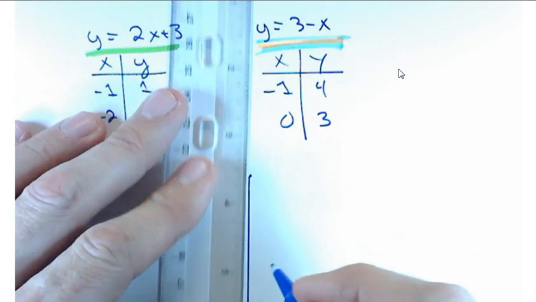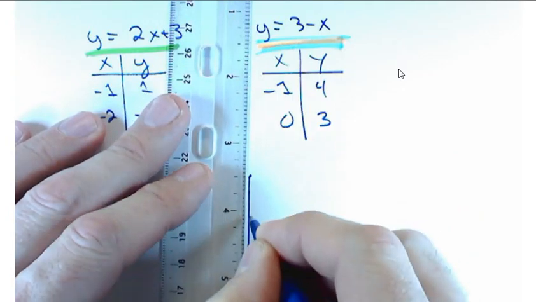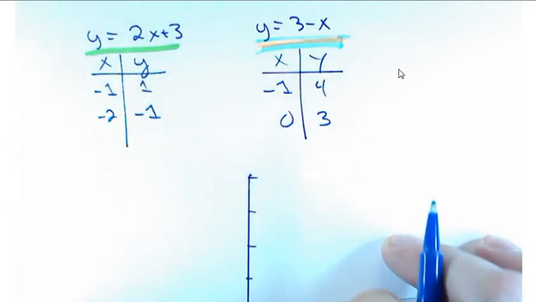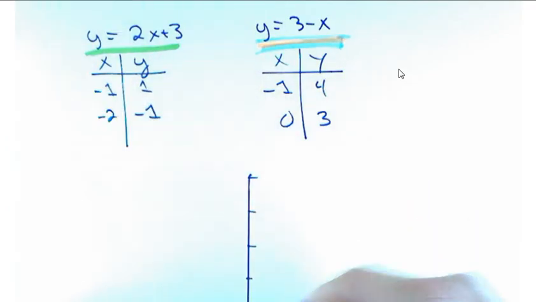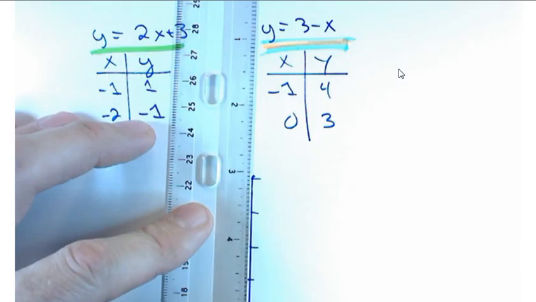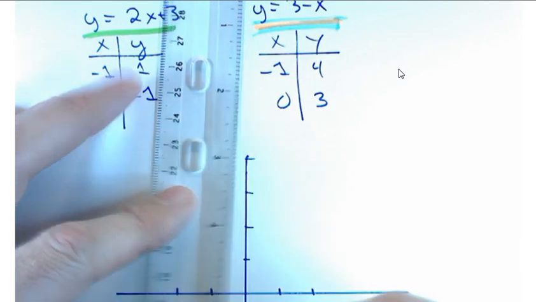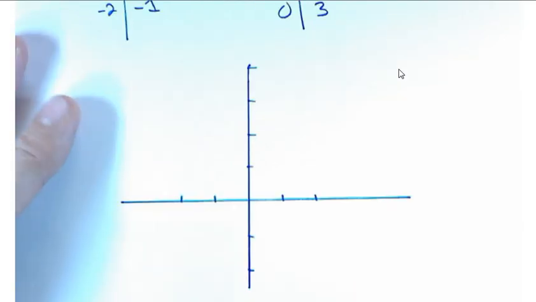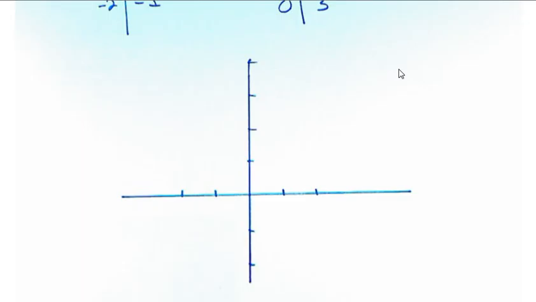So 1, 2, 3, 4. And I think I need a couple below here. One thing that helps you if you're stuck drawing your own graphs, it's really helpful if you draw your tick marks evenly spaced. Try and get them evenly spaced on each axis. So for the first one, I've got points at negative 1 and 1.